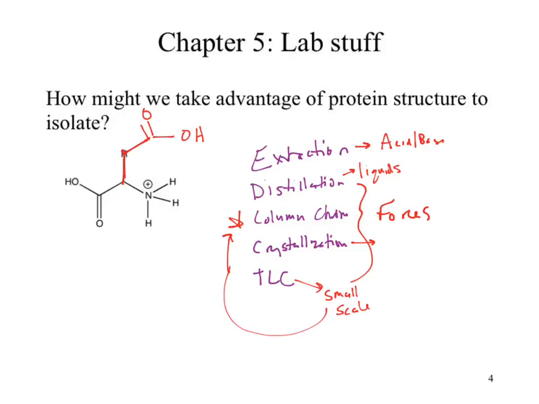What happens if we run under a base environment? It gives up the hydrogen and it becomes charged. Wickedly polar. So if we now run our column with a basic solvent, anything that's remotely acidic is now stupidly polar and is now stuck to the column. Anything that is not as polar runs off the column.